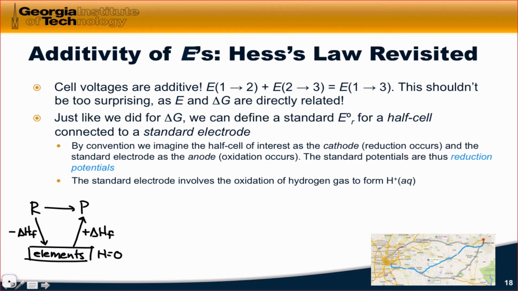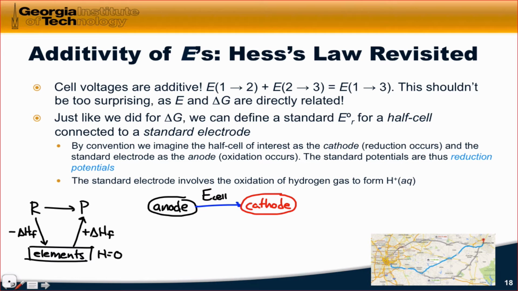We can do something analogous with a galvanic cell. We imagine a galvanic cell as an anode, which donates electrons to a cathode. If our goal is to calculate Ecell for this cell involving the anode and the cathode, there's no reason we have to send the electrons directly from the anode to the cathode. Ecell is a state function, so we can send the electrons wherever we want en route from the anode to the cathode.